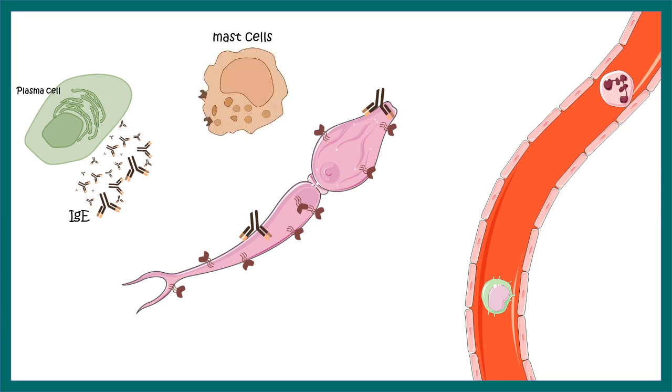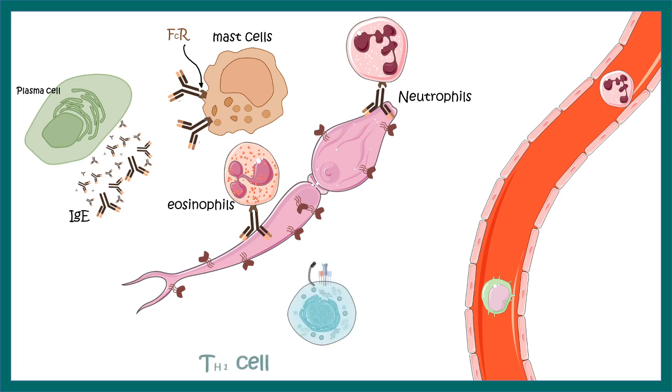Then mast cells, which are capable of binding to IgE via Fc receptor, would degranulate. Mast cells would eventually recruit eosinophils, neutrophils, etc.